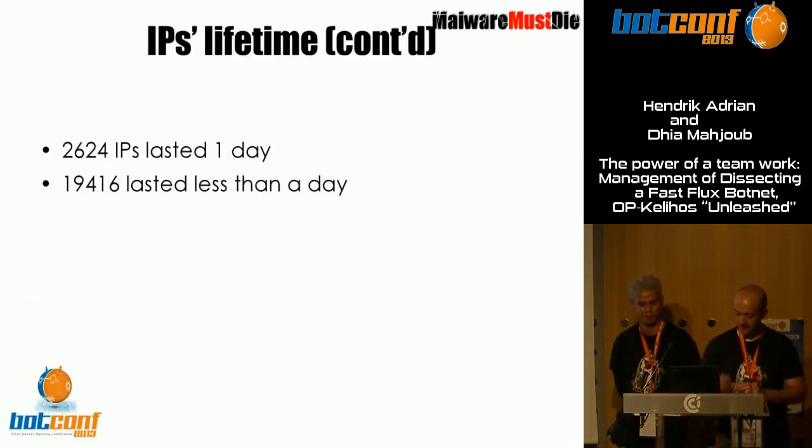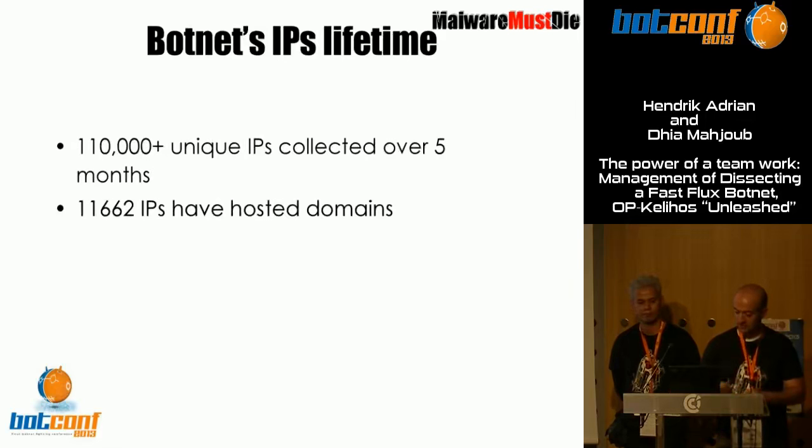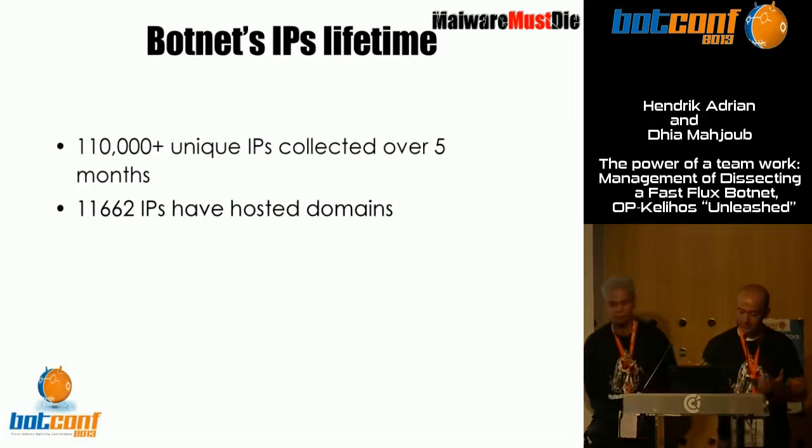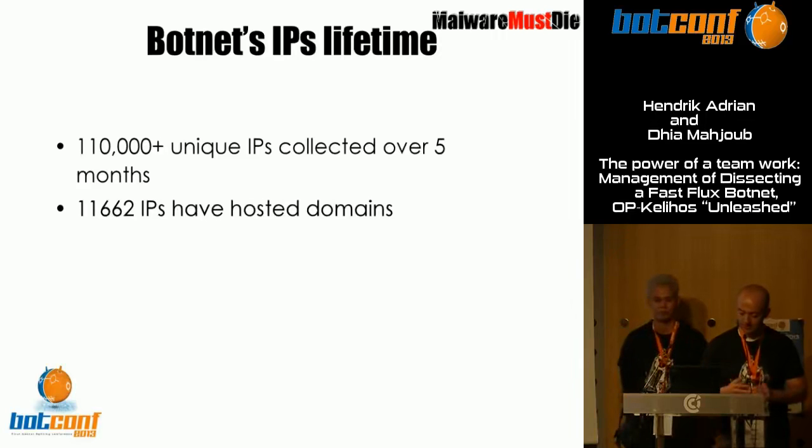Like we said earlier, around 2,600 IPs lasted for 1 day, and a large number of them lasted for less than a day. That's what we see here. For the past 5 months, we collected 110,000 unique IPs.